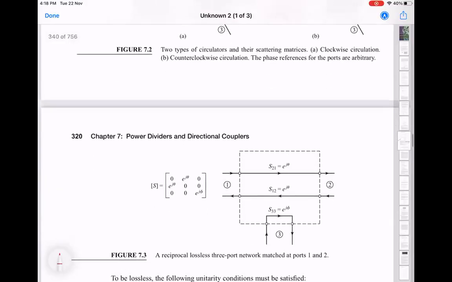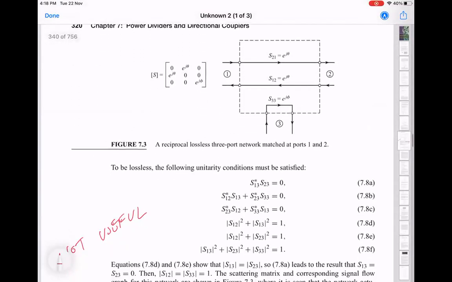But this actually leads to a fairly useless kind of device, which is this. It's basically not really a 3-port device. It's a 2-port device and a 1-port device, which are just separate.